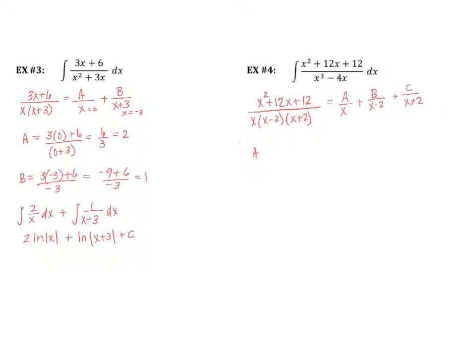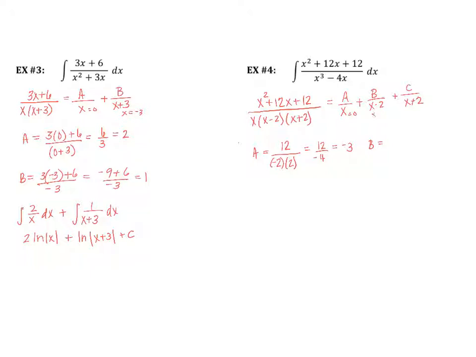So a is going to be equal to, well, here that's going to be a 0. So in the numerator, I'm going to have 12 over, and if I plug in 0, I have negative 2 times positive 2. So that's 12 over negative 4, and that's going to give me negative 3. Now to find b, again, same process.